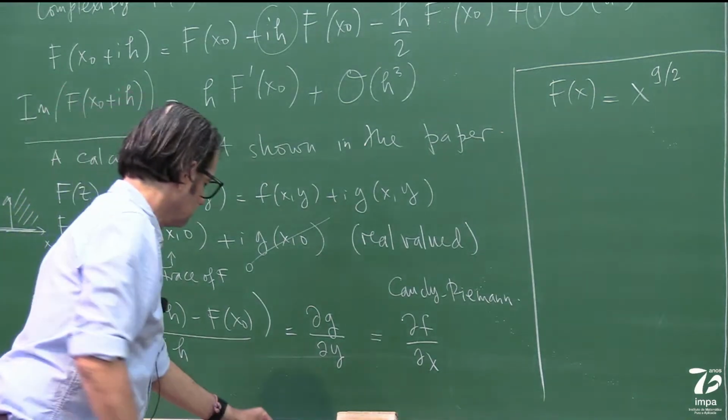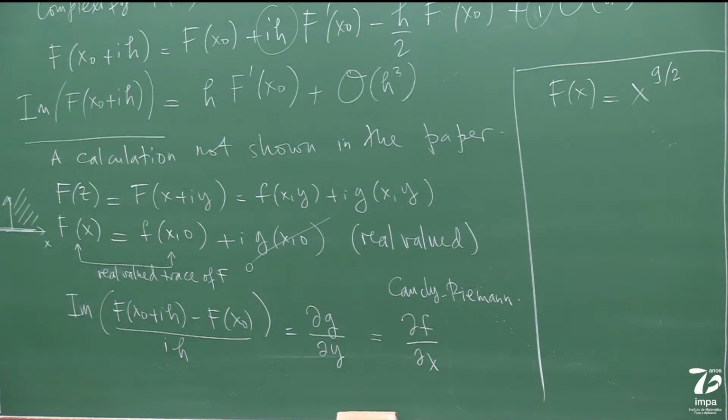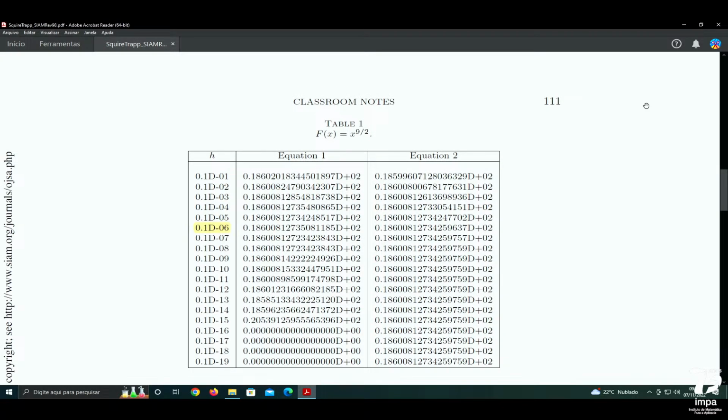This function has a few derivatives, because of the square root, and they are computing with double precision, in the first column, equation 1.